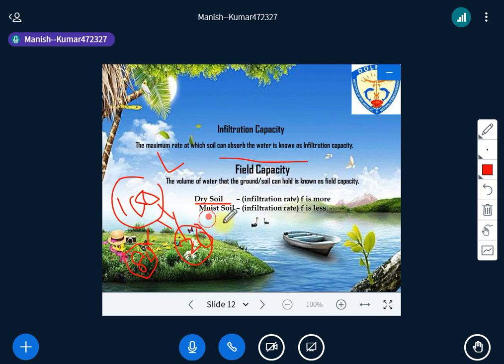The dry soil has enough capacity to accommodate more water, so it will immediately absorb the water, whereas the moist soil already has a good amount of moisture, so it will require less. So the infiltration rate will be accordingly. I hope you all get this term.